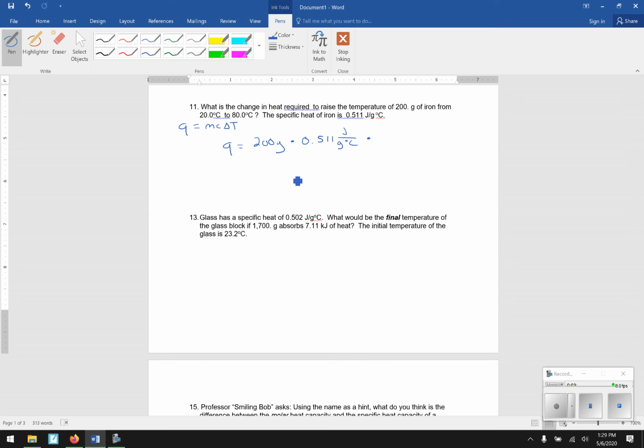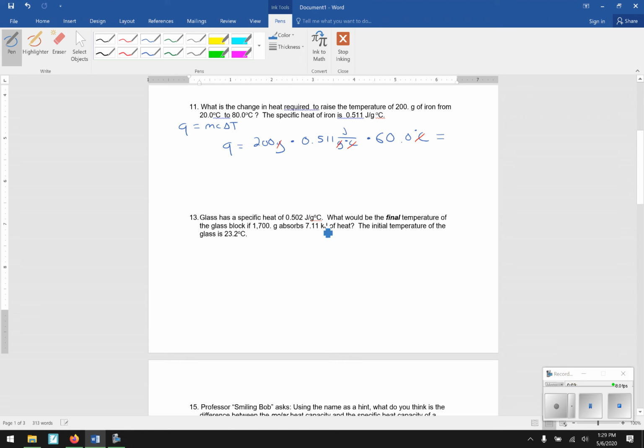And since it's 80 and 20, I can cleverly in my head realize that it went up 60.0 degrees Celsius. And if you look at the units, grams will cancel out, degrees Celsius will cancel out. You'll be left with joules, which is what you want because you want the change in energy.